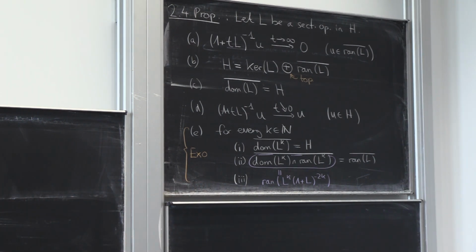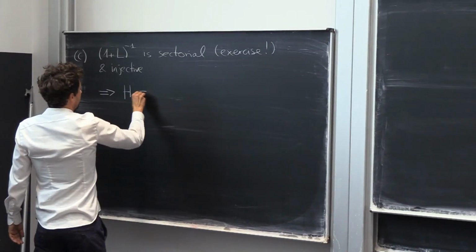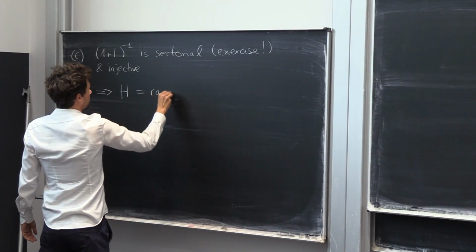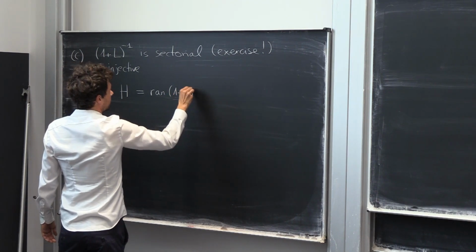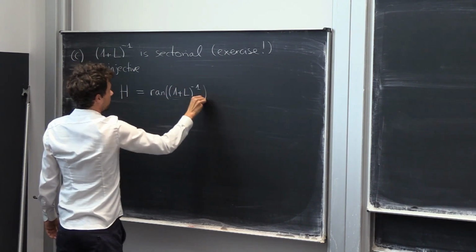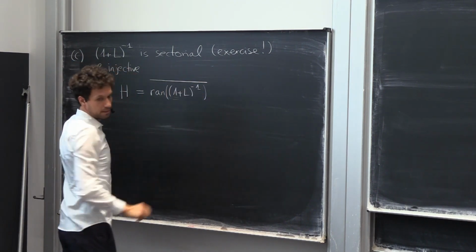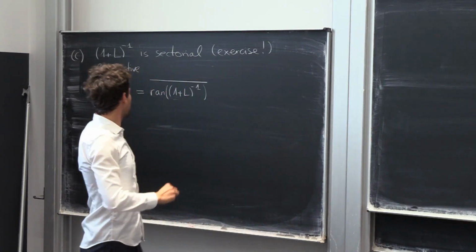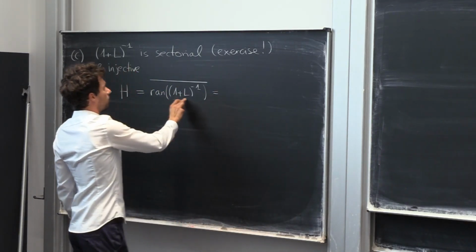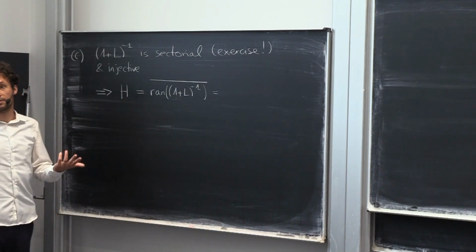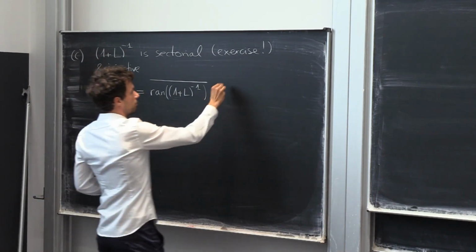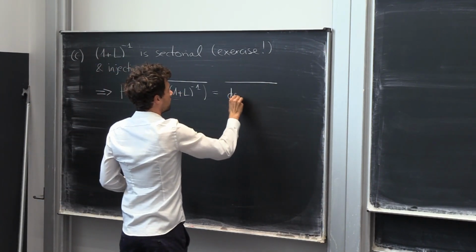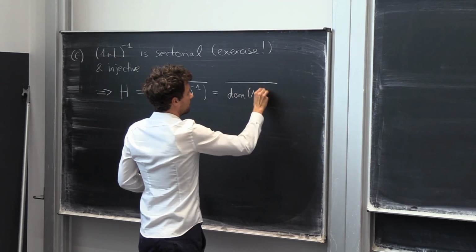So now, because this sectorial operator is injective, I know that the range of (1 plus L) to the minus 1 is dense. So this space is everything. But the range of (1 plus L) to the minus 1 is nothing but the domain of 1 plus L.